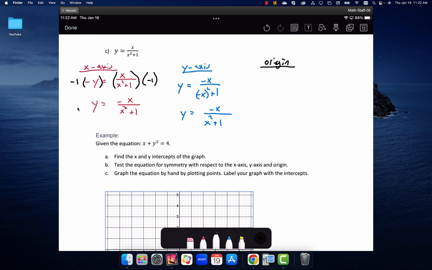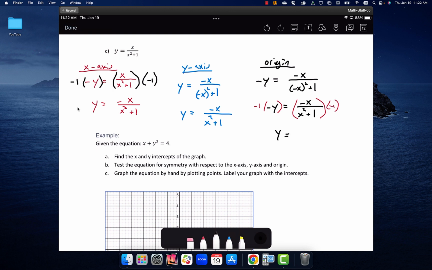So to test symmetry about the origin, replace y with negative y, and we will replace all of the x's with negative x. Negative y equals negative x over x squared plus 1. Again, we want to multiply by negative 1 to get y by itself, get that positive y.